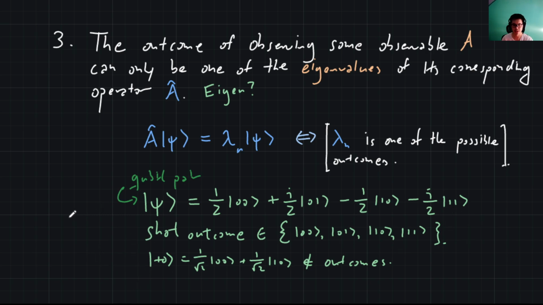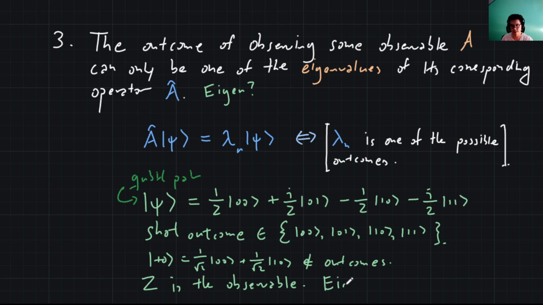Namely, there is actually a very specific operator associated with this. This is nothing more than the z basis. So Z is the observable. So we're measuring it in the z basis. That's called the computational basis.